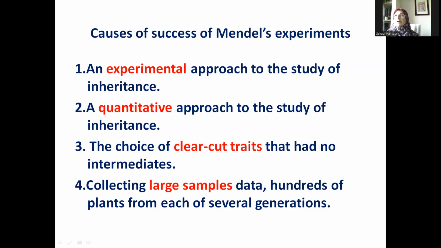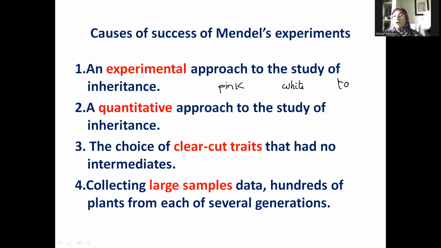Also, Mendel was lucky because when he selected characteristics to work on, he selected clear-cut characteristics. For example, he selected the color of the flower, and there were two clear-cut characteristics: pink flowers, clearly pink, and white flowers.